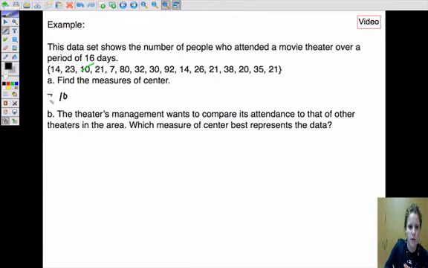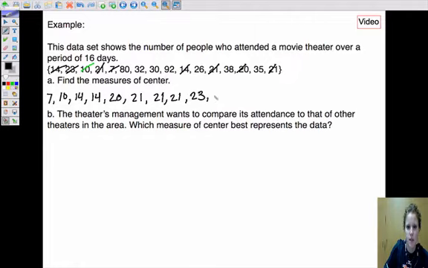So, oops, and even before that, I have 7, 10, 7, looks like 14, 14 again, 20, 21, 21 again, 21 again, 23, 23, 26.